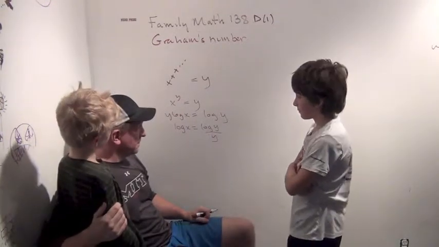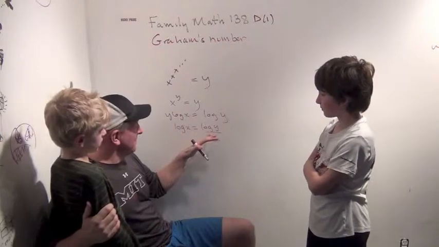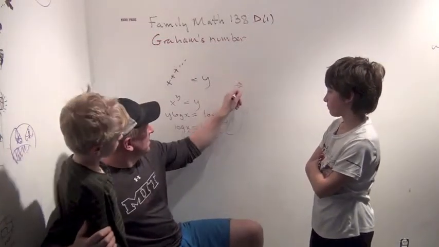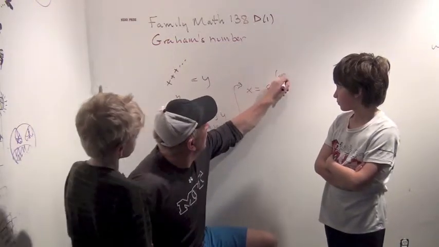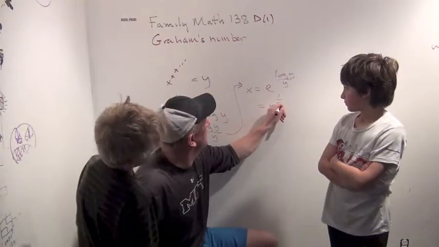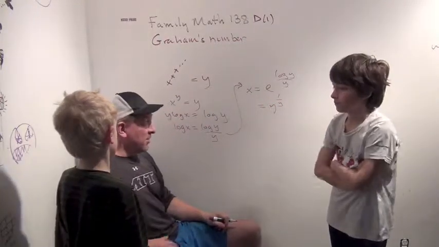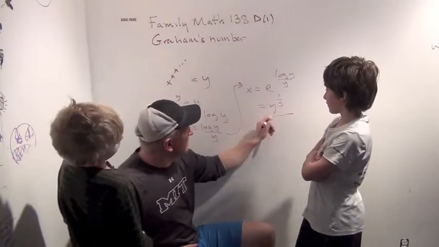And now I can unlog this if you want. x equals e to the log y over y, which happens to equal y to the 1 over y. So that's a little complicated, a little beyond what we're studying, but it makes for an interesting question.